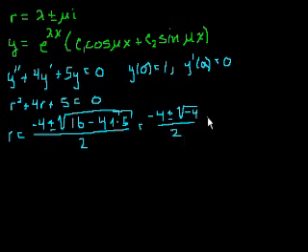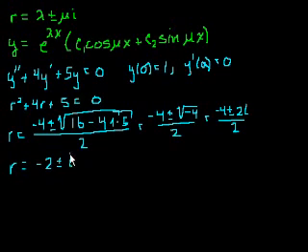over 2. And that equals minus 4 plus or minus 2i, right? The square root of minus 4 is 2i. All of that over 2. And so our roots to the characteristic equation are minus 2, just dividing both by 2, minus 2 plus or minus, we could say i or 1i, right?